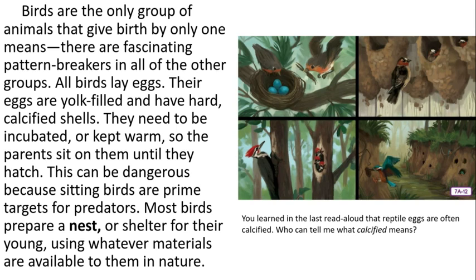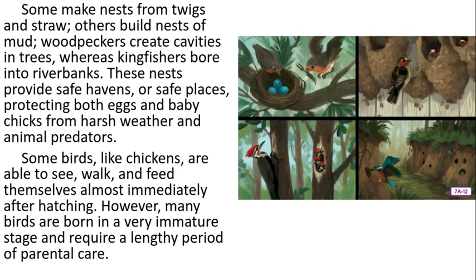They need to be incubated or kept warm, so the parents sit on them until they hatch. That can be dangerous because sitting birds are prime targets for predators. Most birds prepare a nest or shelter for their young, using whatever materials are available to them in nature.